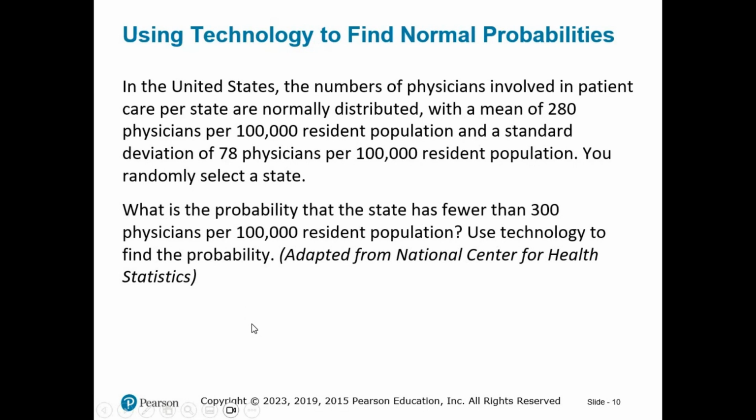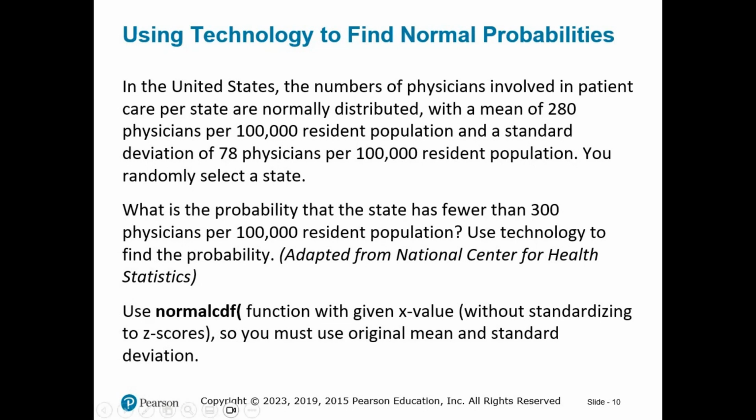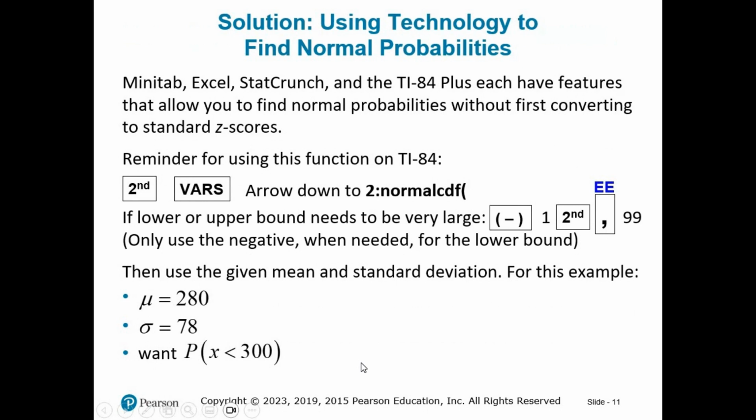What is the probability that the state has fewer than 300 physicians per 100,000 resident population? Use technology to find the probability. Use the normal CDF function with the given x value without standardizing to z-scores, so you must use the original mean and standard deviation. So here's a reminder of how to use this function on your TI-84.